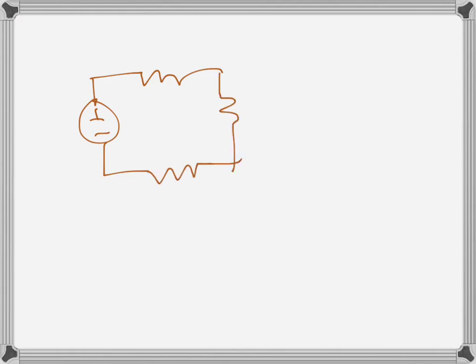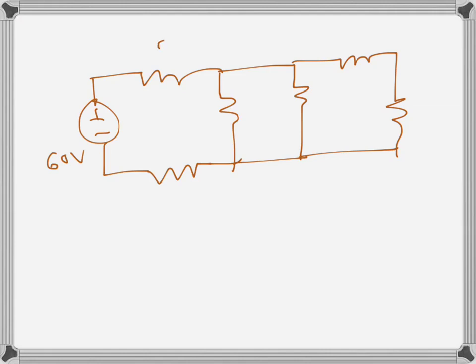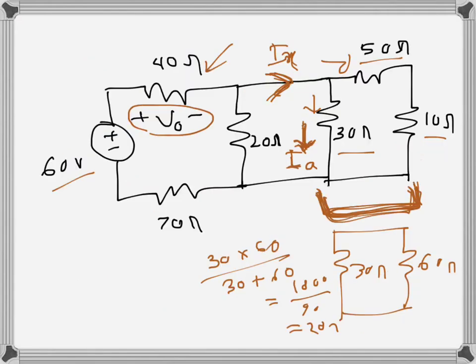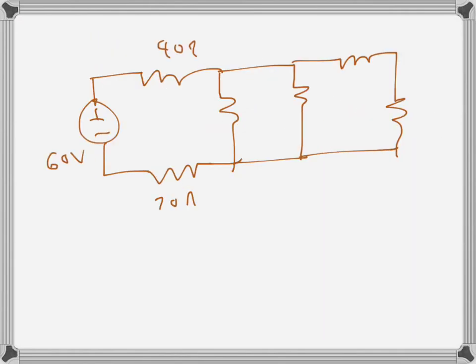So this is my original circuit, which is 60 volts, 40 ohms, 70 ohms, and then 20 ohms, 30 ohms, 50 ohms, and 10 ohms.